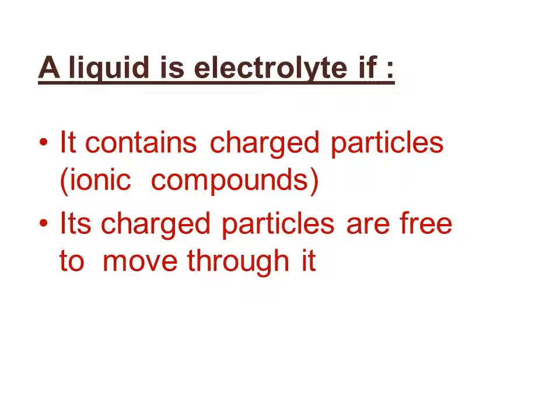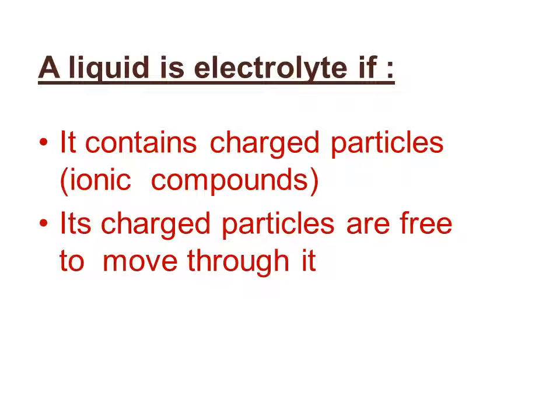A liquid is an electrolyte if it contains charged particles. That means if ions are released, that means if it's from an ionic compound. Similarly, if it doesn't contain charged particles, it doesn't have ionic compounds, it is called a non-electrolyte.